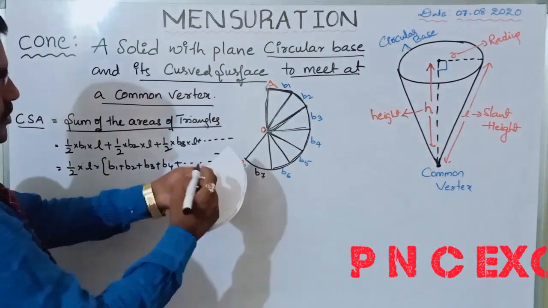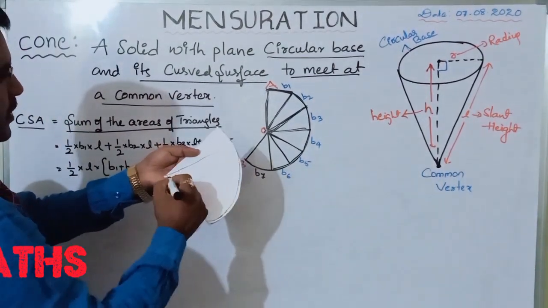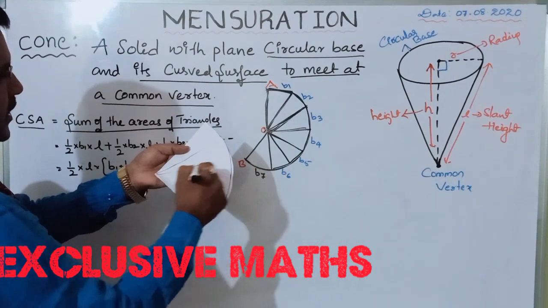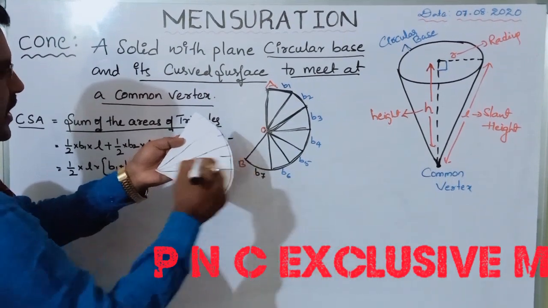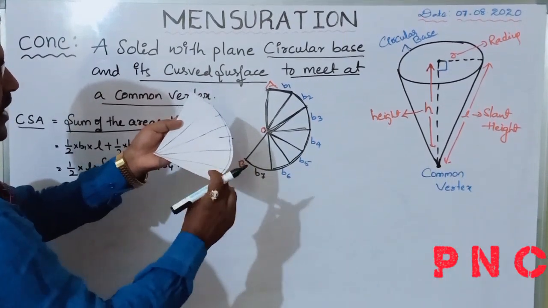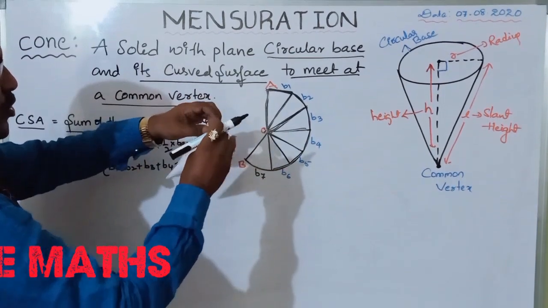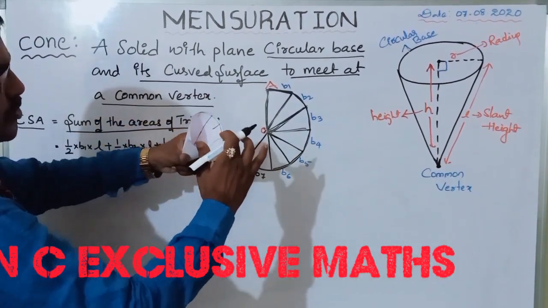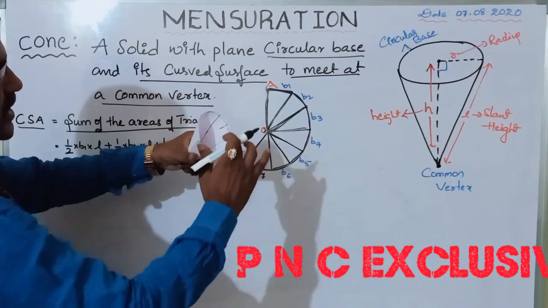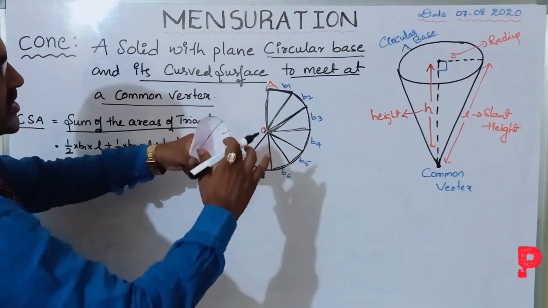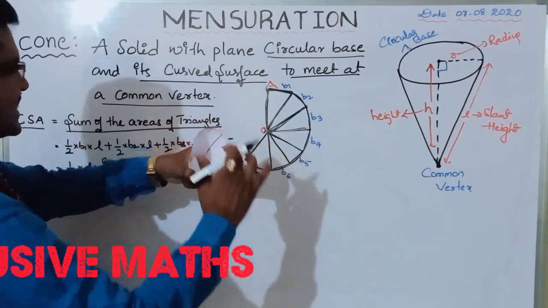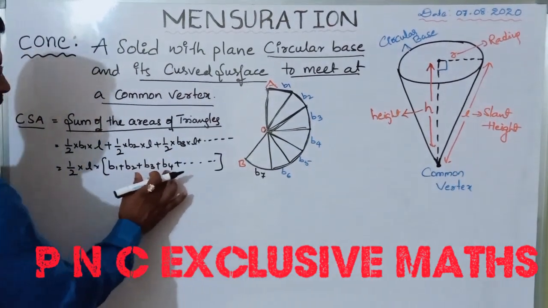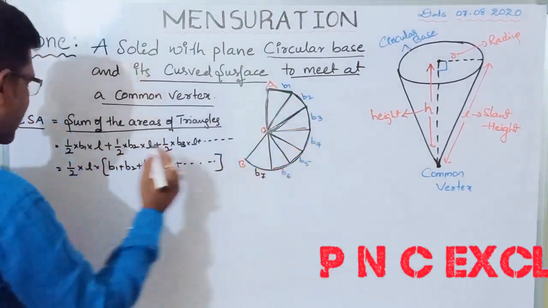Here B1, B2, B3, B4, B5 are connected to this cone. This is the circumference of a circle.